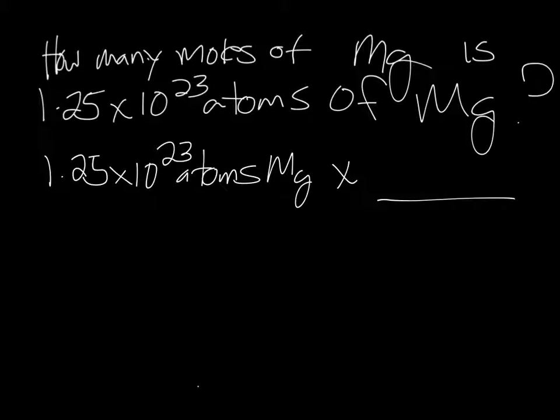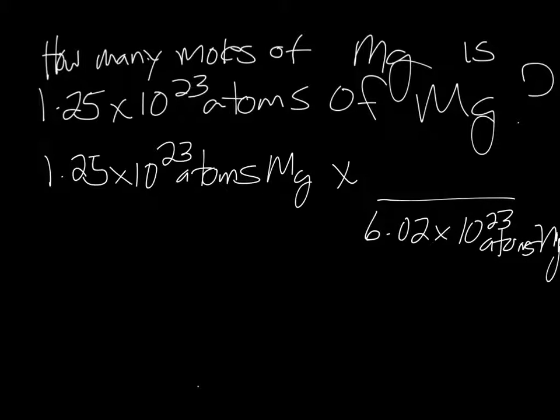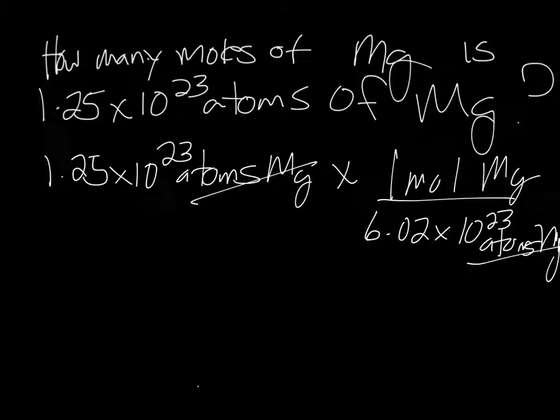And in this case, we desire moles. So I'm going to put my atoms on the bottom, and our conversion factor is Avogadro's number, 6.02 times 10 to the 23rd atoms of Mg for every mole of magnesium. Now you can see that our atoms of Mg will cancel out and we're left with moles.